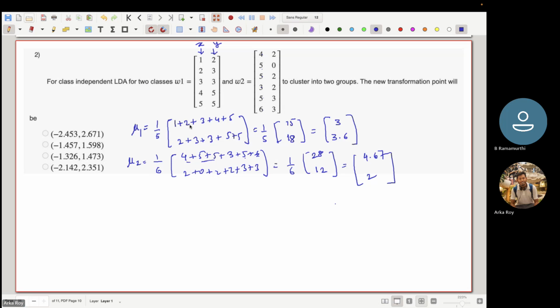Now we have to get the optimum weight value. To find the optimum weight value, we need to calculate the scatter matrix.